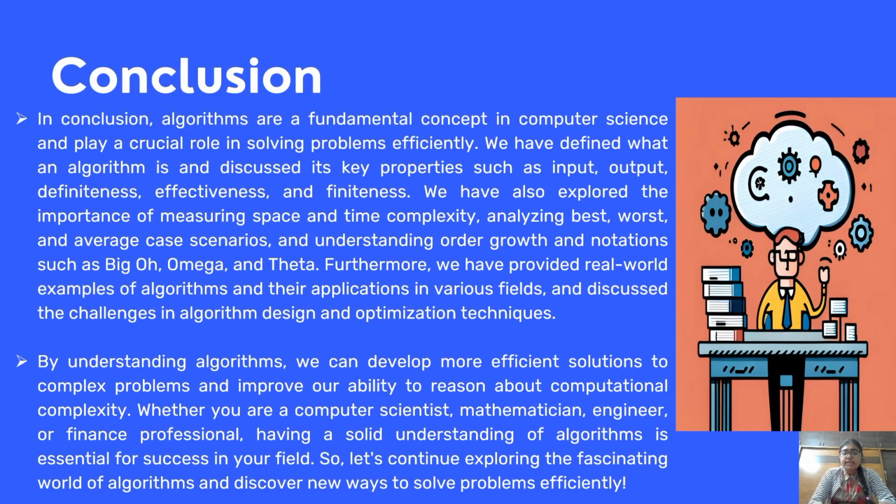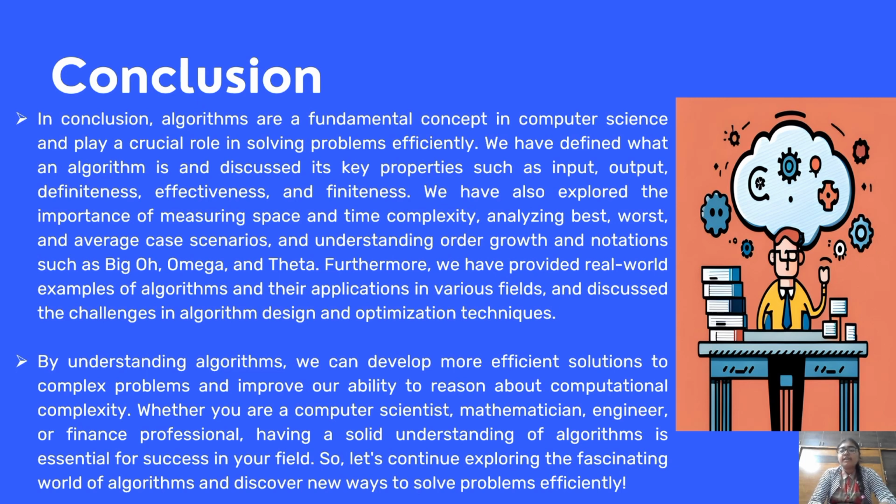In conclusion, algorithms are a fundamental concept in computer science and play a critical role in solving problems efficiently. We have defined what an algorithm is and discussed its key properties such as input, output, definiteness, effectiveness, and finiteness.